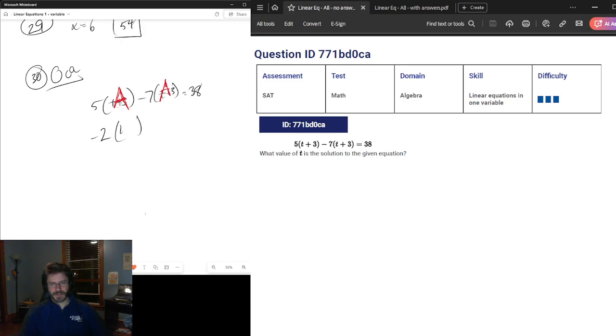So negative 2 times (t plus 3) equals 38. Divide the negative 2 over, you get t plus 3 equals negative 19. Subtract the 3, t is negative 22. And you can get negative answers on the digital format.